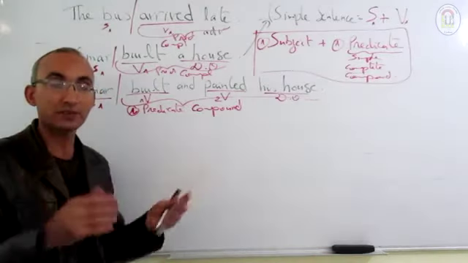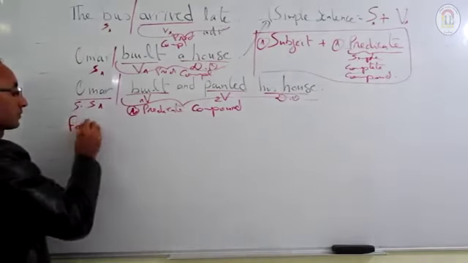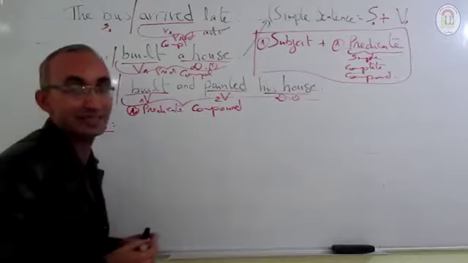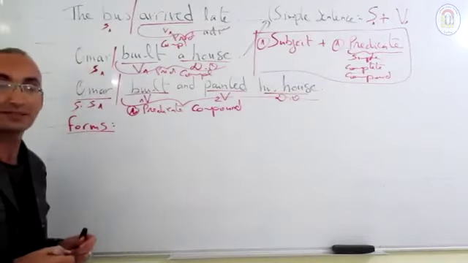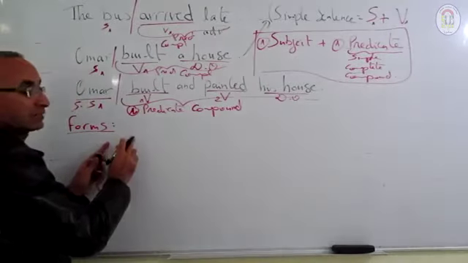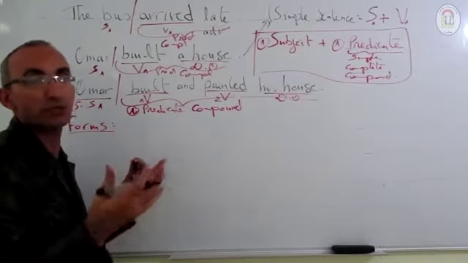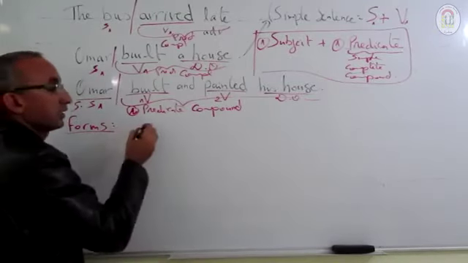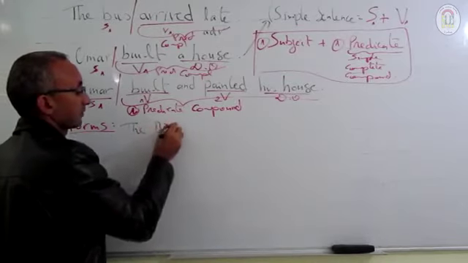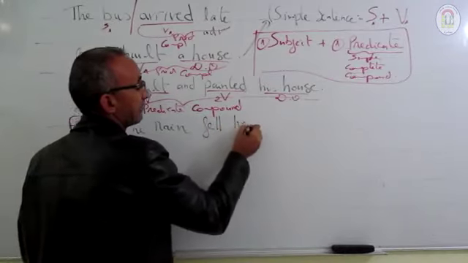So all these represent what we call the forms of the English sentence. The commonest and the widely used one is what? The form of the sentence which ends with a full stop. For example, I write: the rain fell heavily.